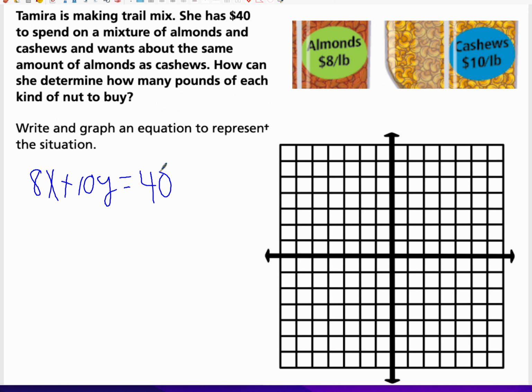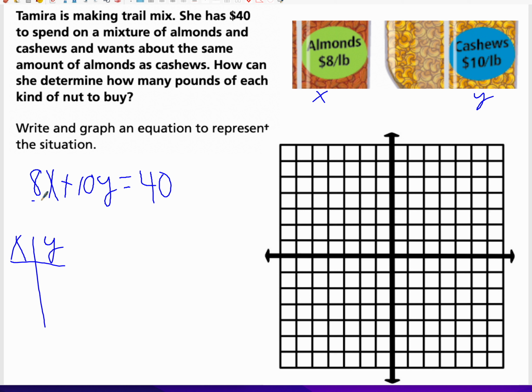So we've said that almonds is our X, measured on our X-axis, and cashews would be on our Y. Write and graph an equation to make that work. I can graph this super simply by using the intercepts, right?